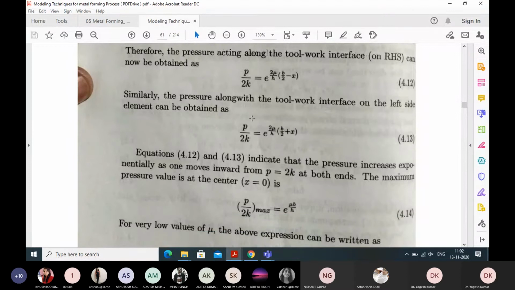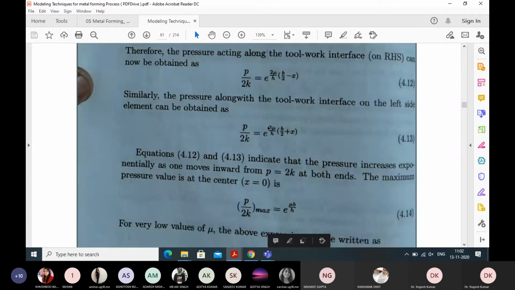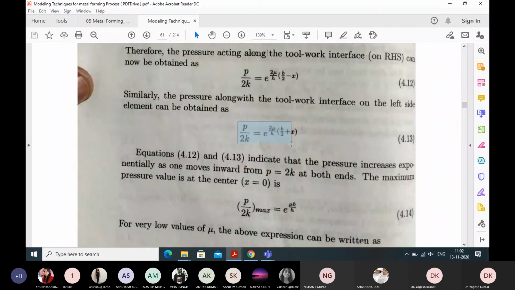From this formula we can find out the maximum value of P upon 2K. The maximum value will be at x equal to 0, in equation number 12 or 13.